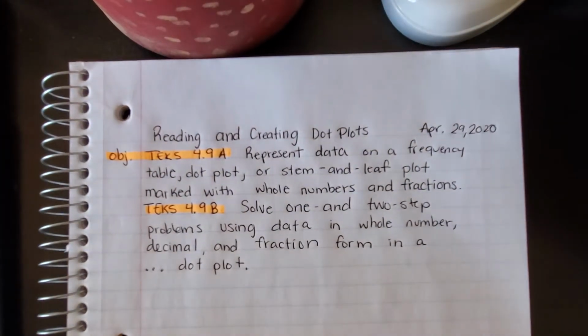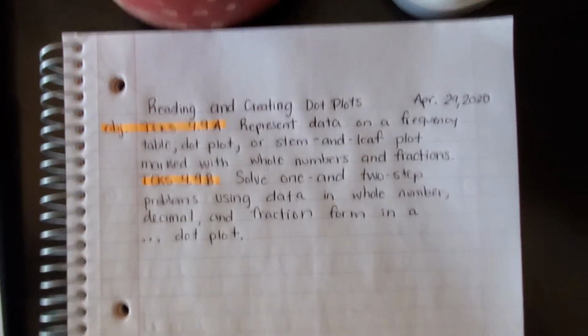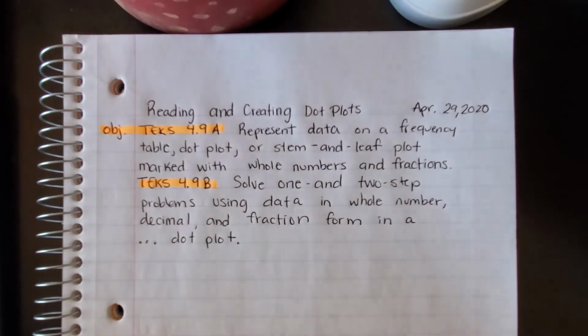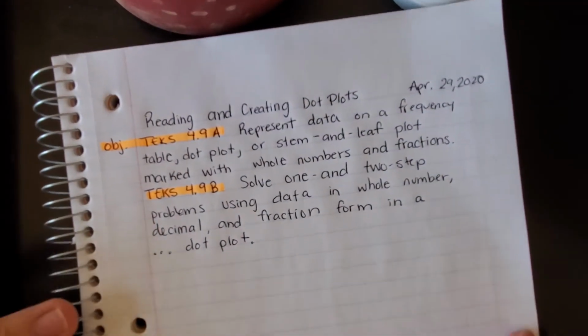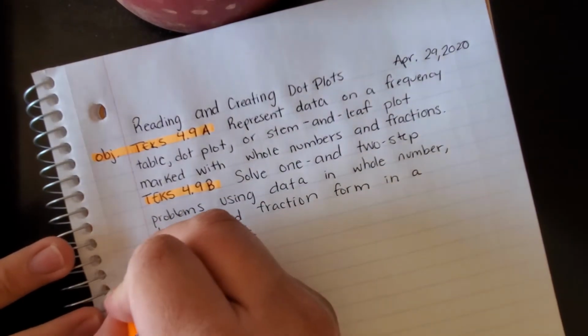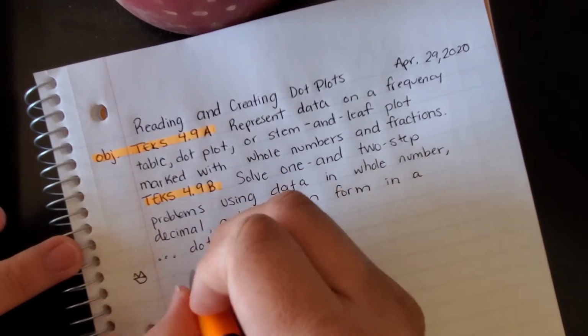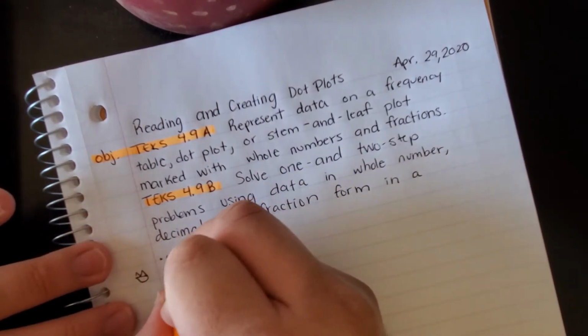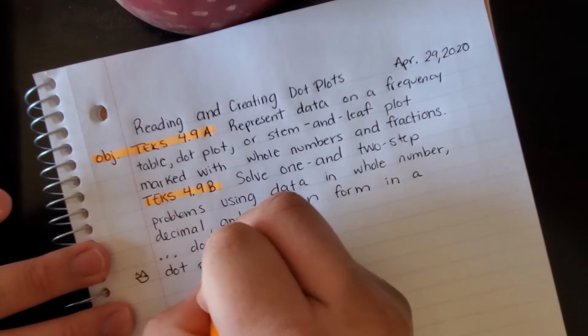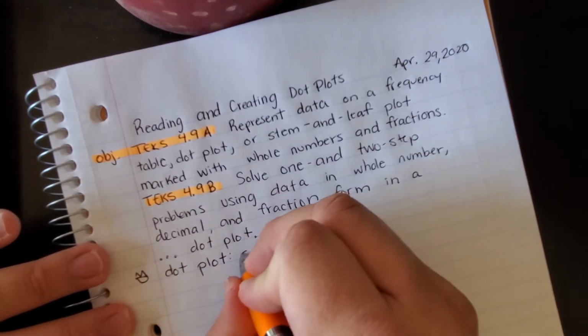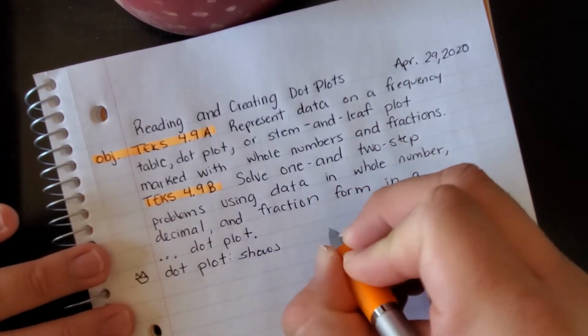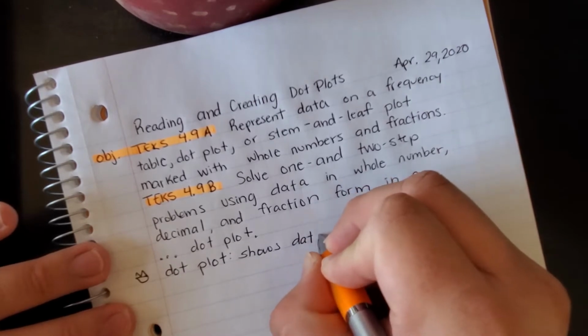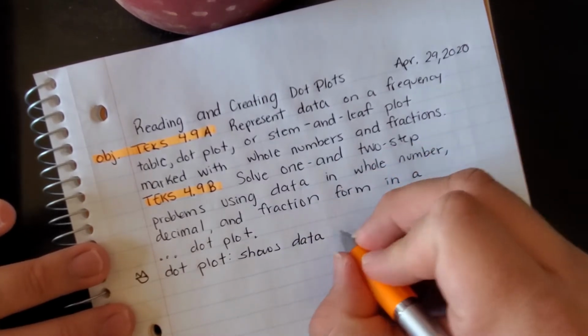So moving on, we have two languages of the discipline today that we're going to be using. The first language of the discipline is obviously dot plot. A dot plot shows data along a number line.